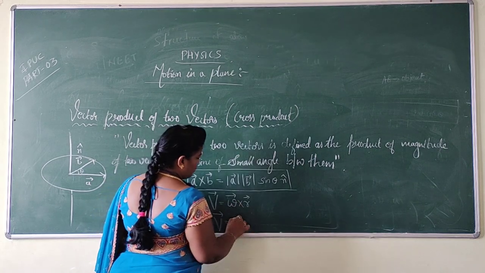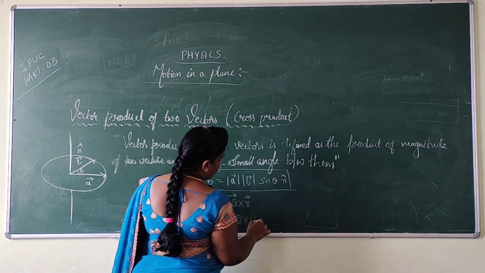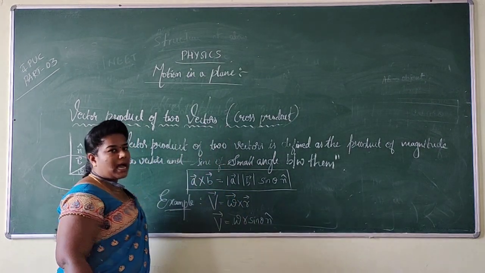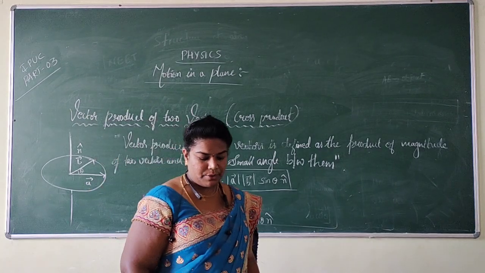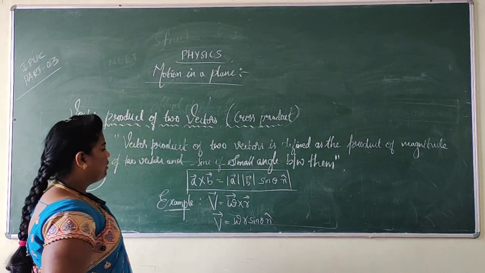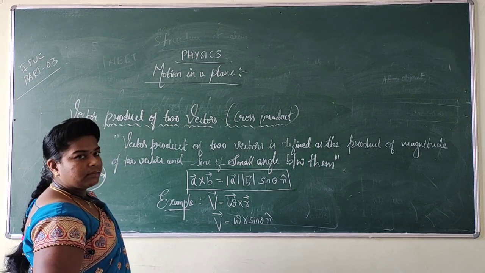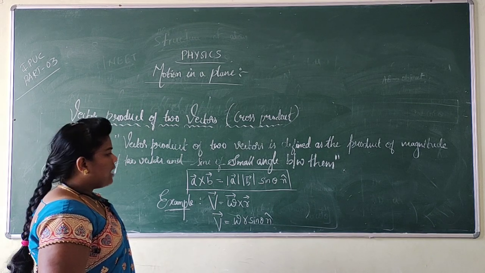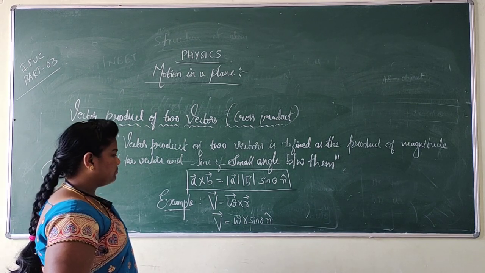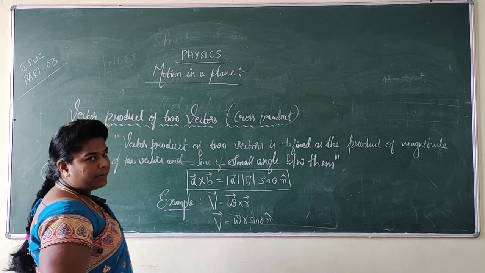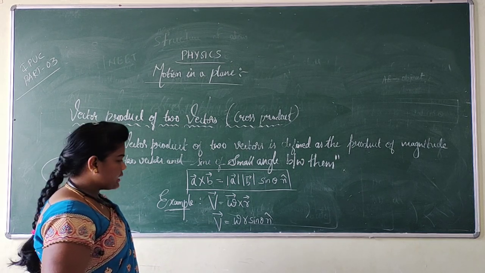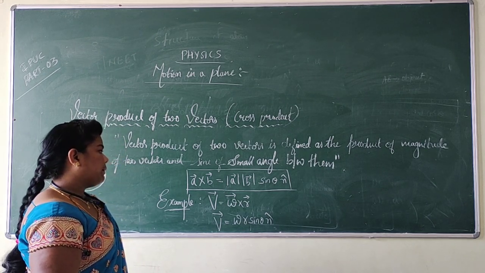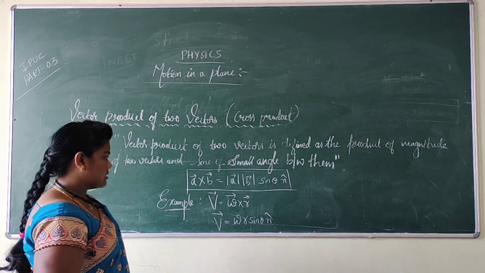So v is equal to omega r sin theta into n cap, where theta is the angle between omega and r. In the next line, where r is the radius vector, omega is the angular velocity, theta is the angle between angular velocity and radius vector, and n cap is a unit vector perpendicular to the two vectors.